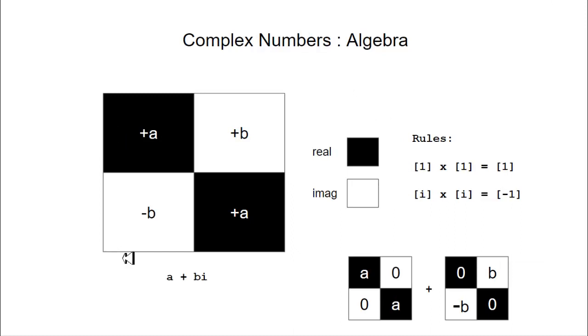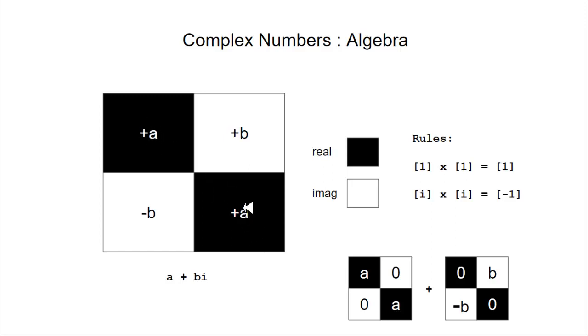Algebraically, the 2x2 complex matrix looks like this. You would write A plus BI, and in the 2x2 matrix form, it looks like this. The forward diagonal, the black, has the same sense. You would plug A into the forward diagonal and B into the backward diagonal, and B would have the opposite sense in these locations, while A has the same sense in the forward diagonal.